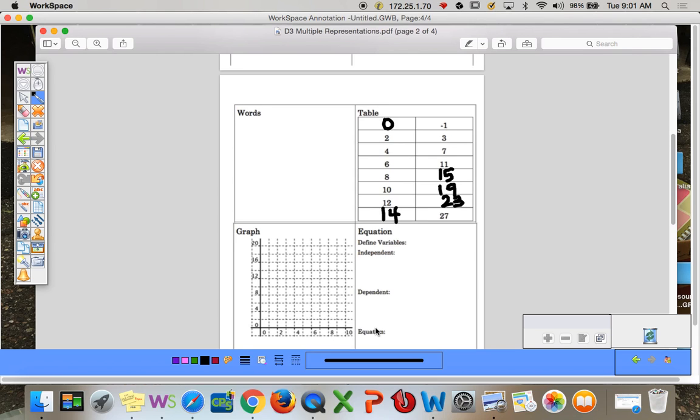And let's define our variables. So we have our x and our y. We have to come up with a situation here. So let's say this is the amount of money in your bank account. So let's say you start by owing the bank $1. You add $4 to your account each day.